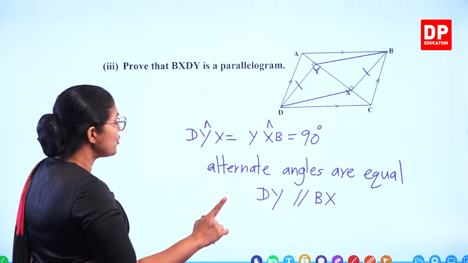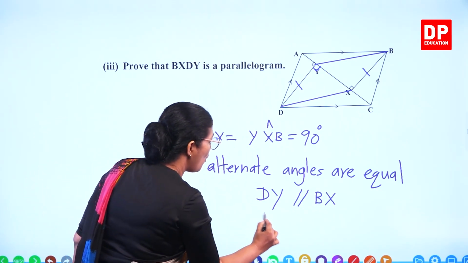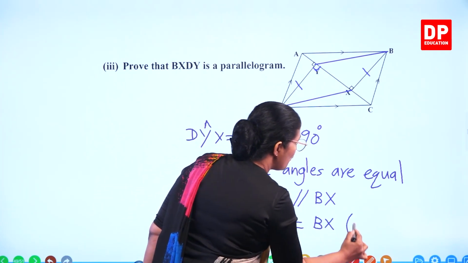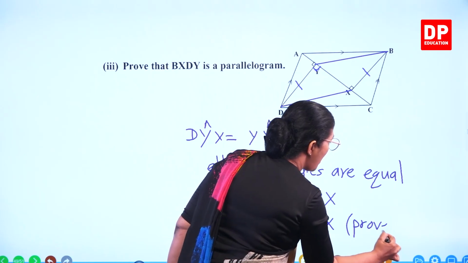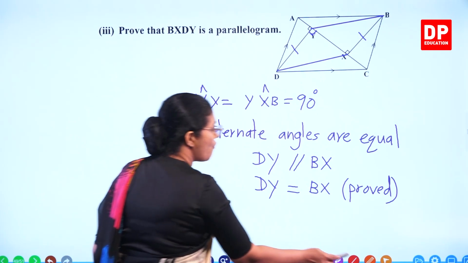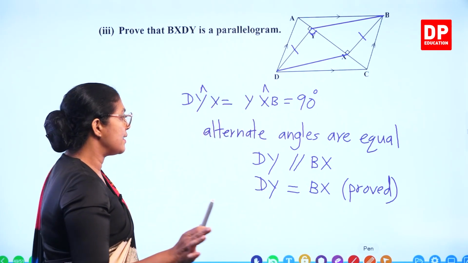DY is parallel to BX, and we found before DY is equal to BX. We proved that in the previous part. What can you say now? One pair of opposite sides equal and parallel.